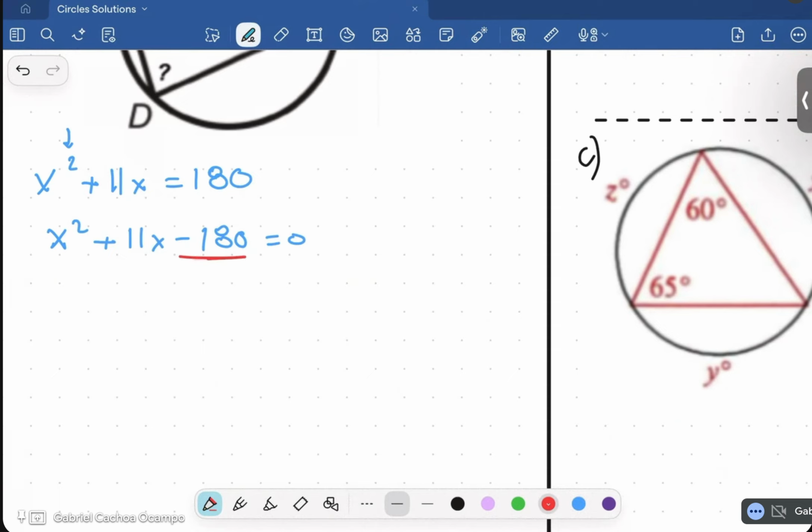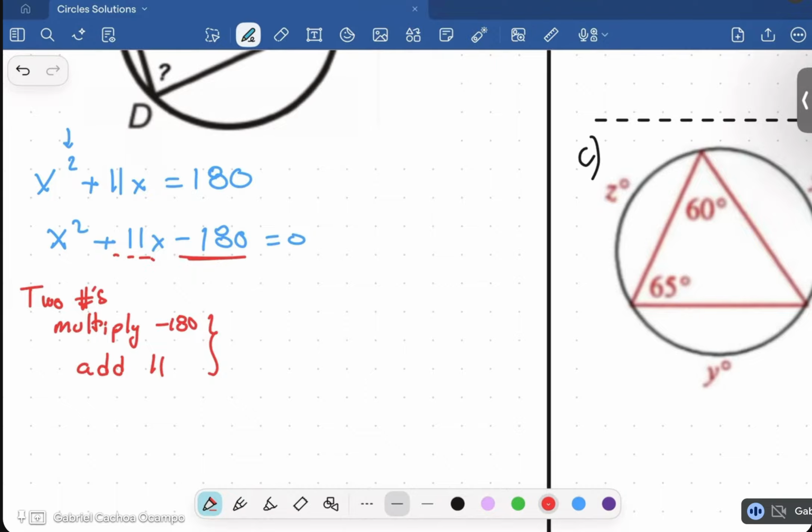Remember that to factor, I need two numbers that multiply to negative 180 and that add to 11. Which numbers do that?